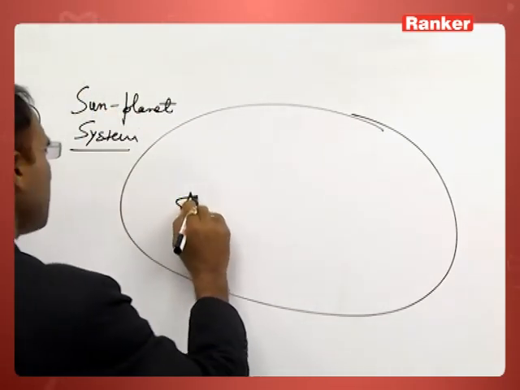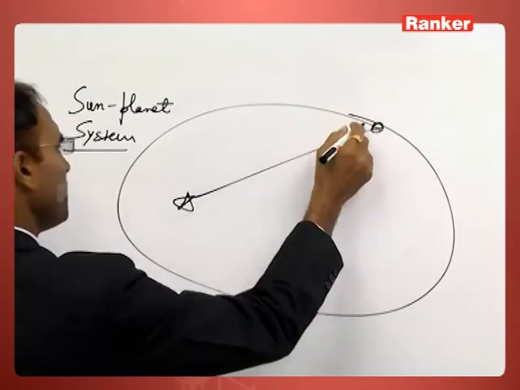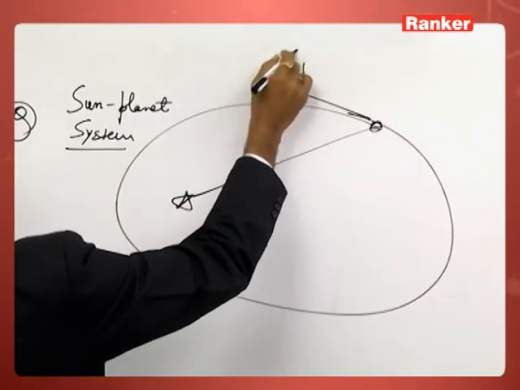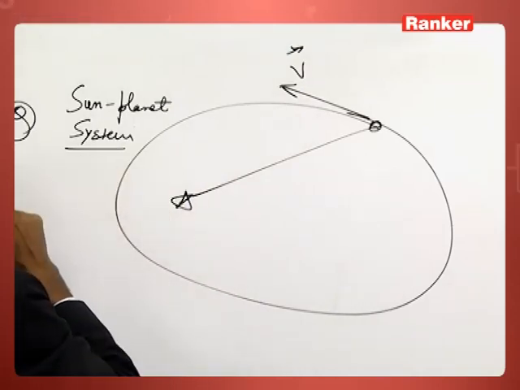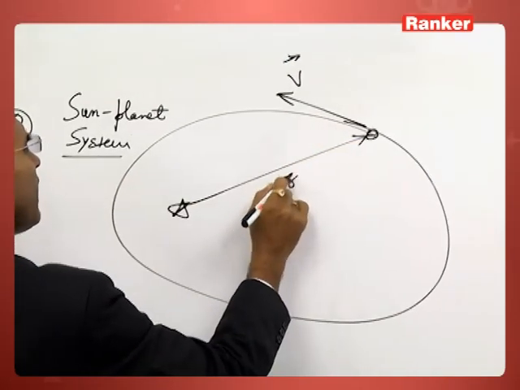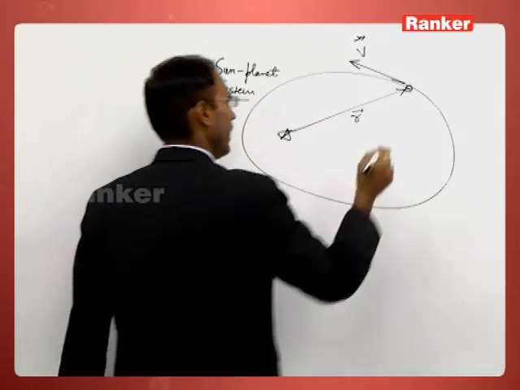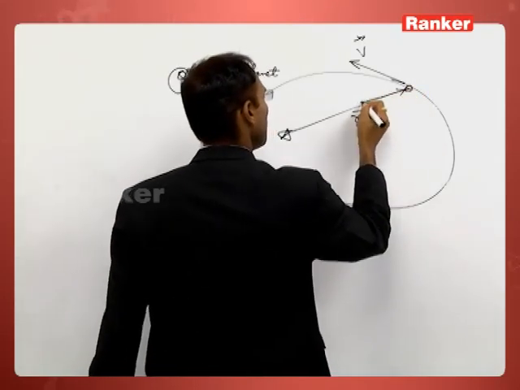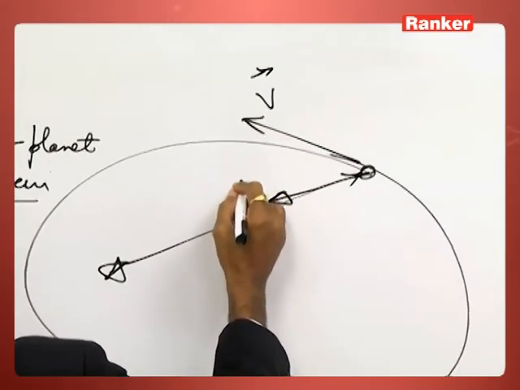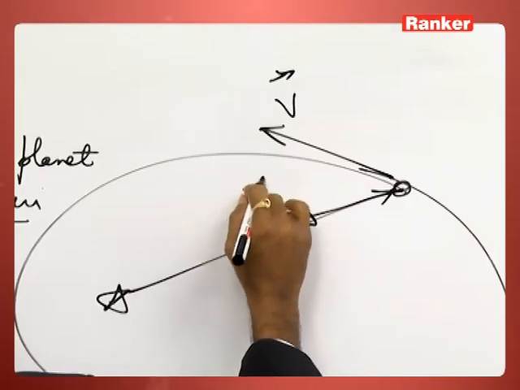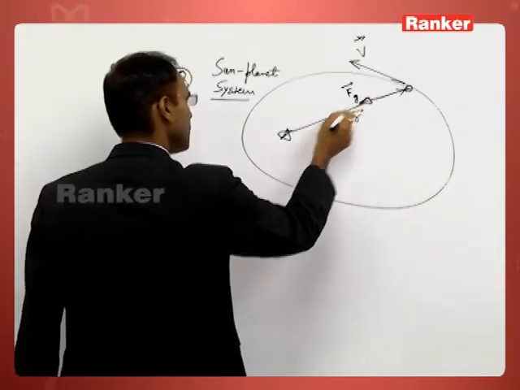In the sun-planet system, let the planet be here and it moves with velocity v with respect to the sun. It has position vector r, and the planet is pulled by the gravity of the sun, which passes through the sun itself.